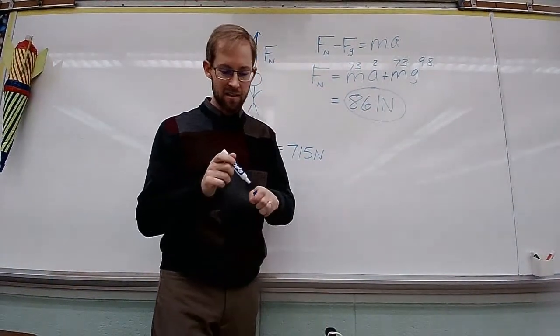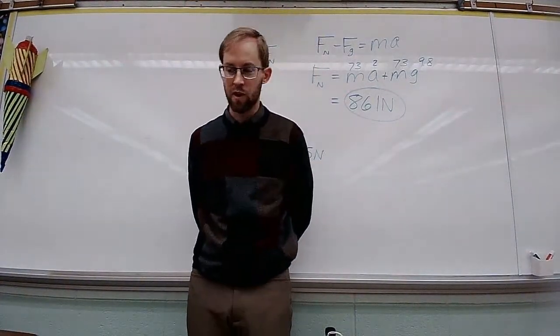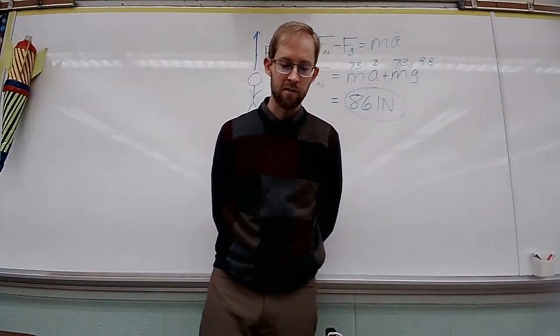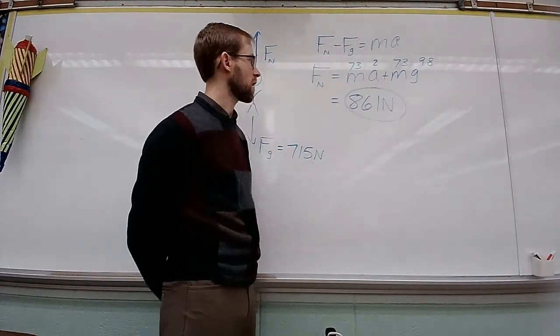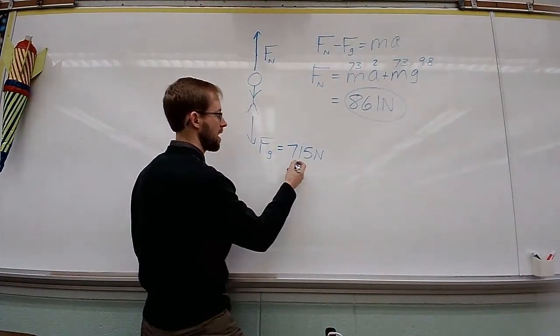Now letter C says if the person in the elevator were standing on a bathroom scale calibrated in newtons, what would the scale read while the elevator descends? Well, for a constant speed for the first part of that, your normal force was found to be the same as your force of gravity.